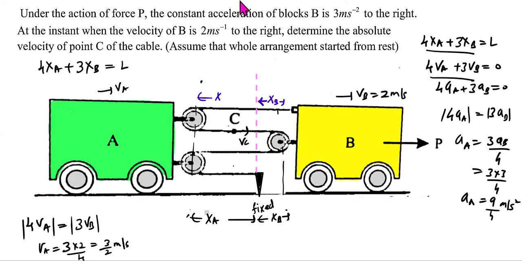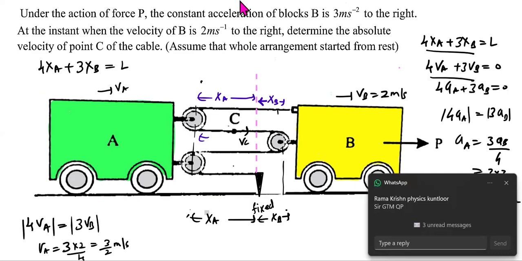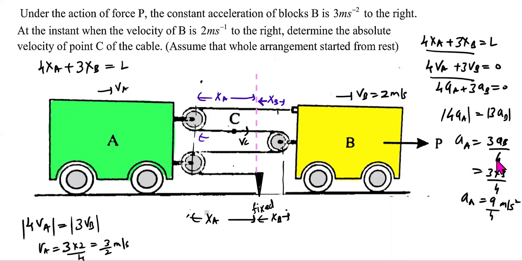This length of the string corresponds to XA. This will be XC.